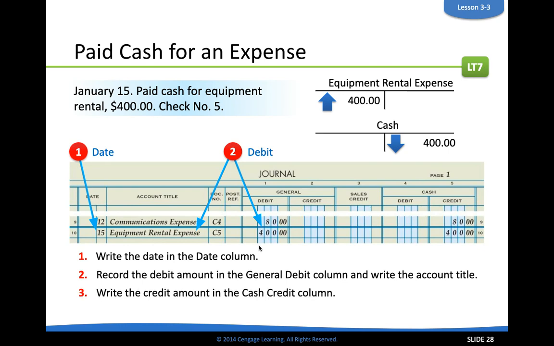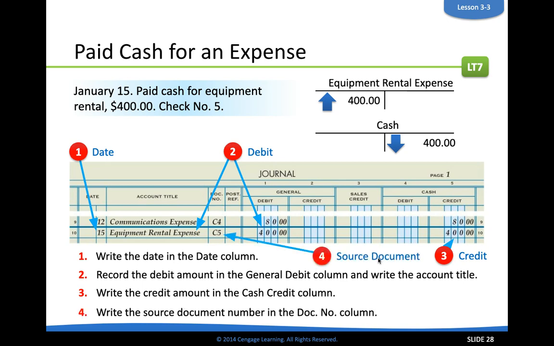Since we're paying cash for this, we need to credit cash, and so that can be recorded over on the right underneath our special account column for $400. And finally, our source document comes from check number 5. We wrote a check to rent that equipment, so record C5 underneath the document number.